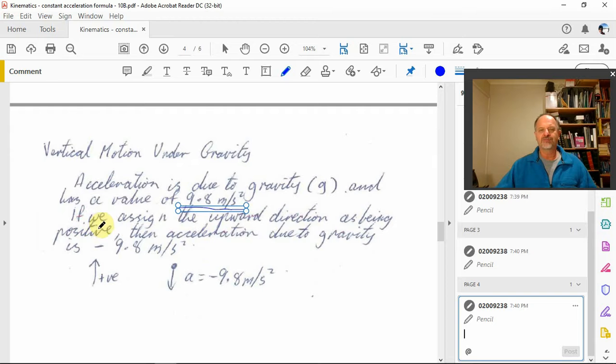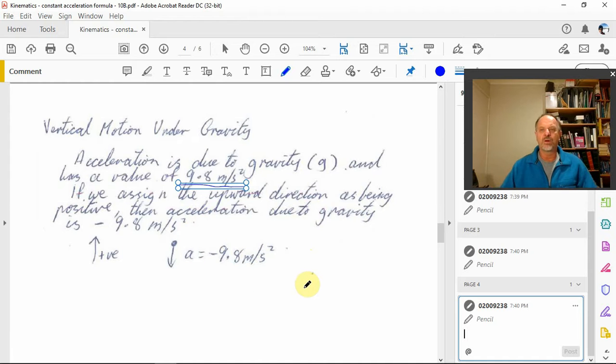So if the upwards direction is positive, then gravity is trying to pull it down, so the acceleration is down, in a negative direction. I always stick with that so I don't confuse myself with each question.